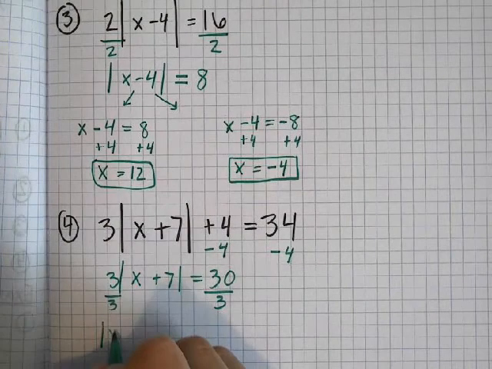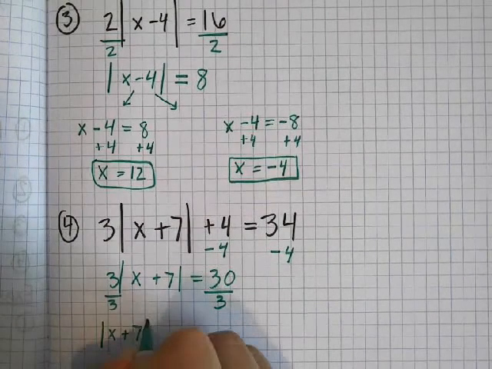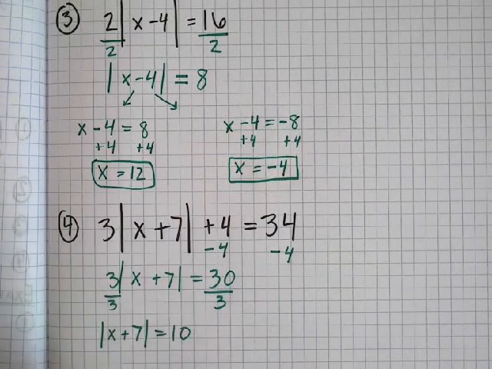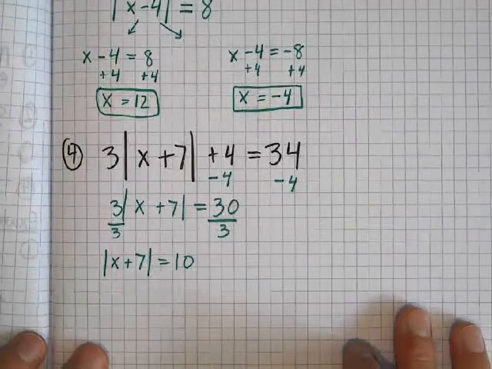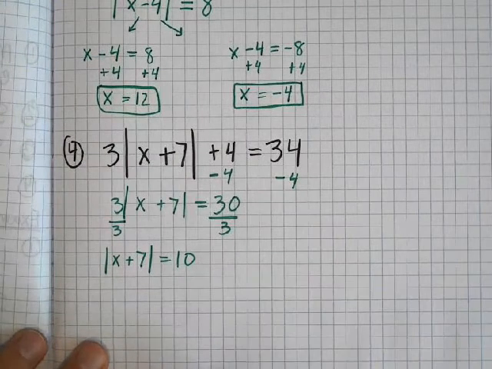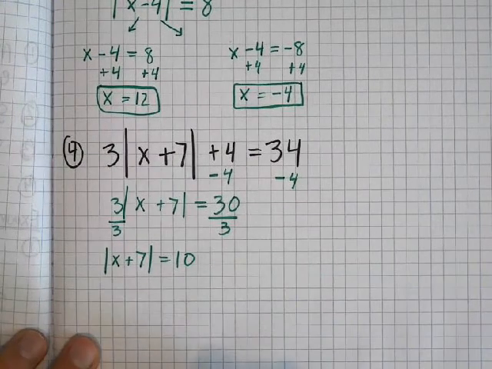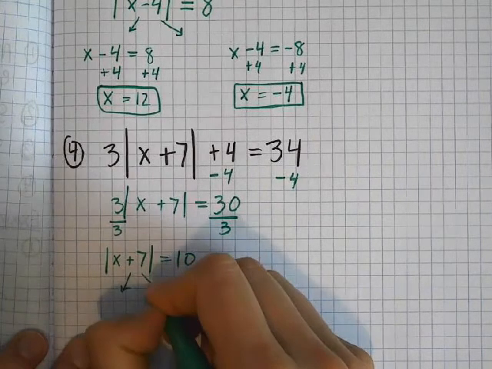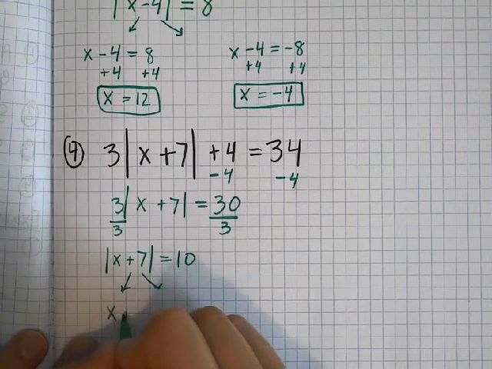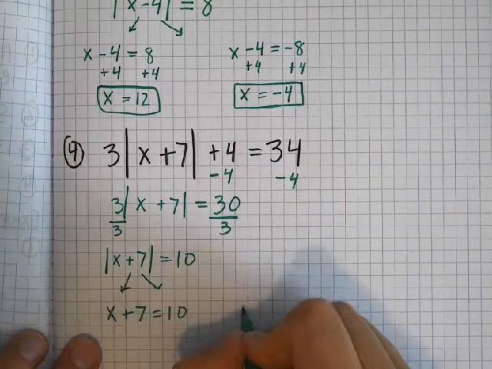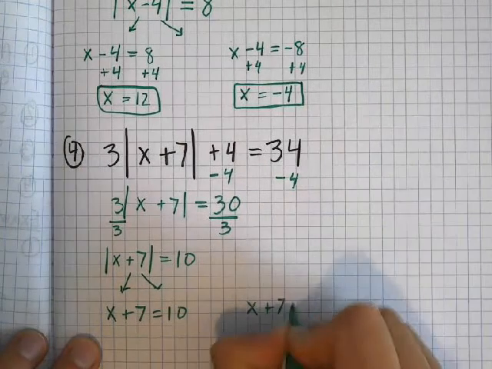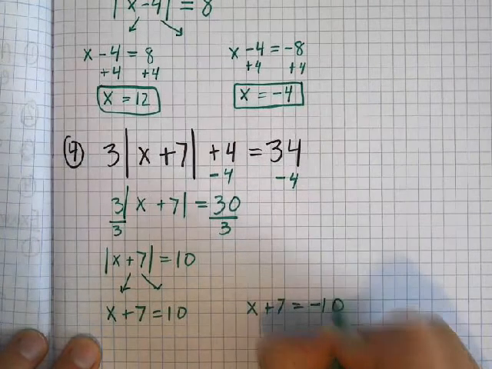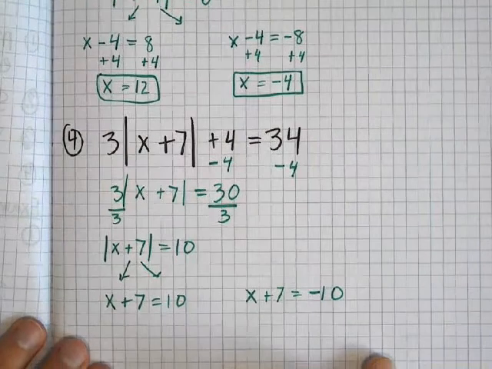And this actually is quite clean. There's no weird fractions or anything. So I've got the absolute value of x plus 7 equaling 10. Now I can split this into my 2 equations. So x plus 7 equals 10, and x plus 7 equals -10.